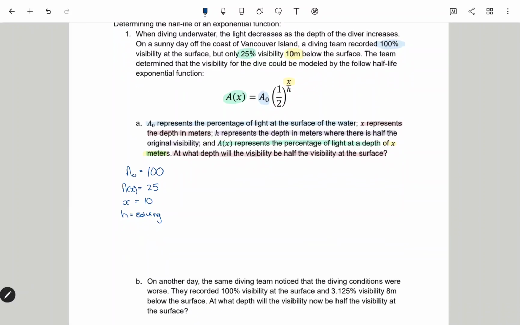So we're going to throw that into our formula. We're going to have 25 equals 100 times 1/2 to the power of 10 over h.